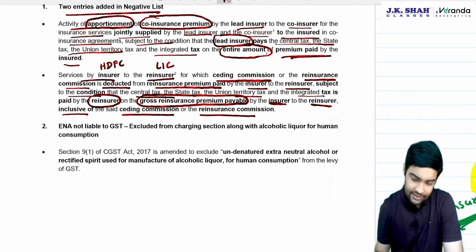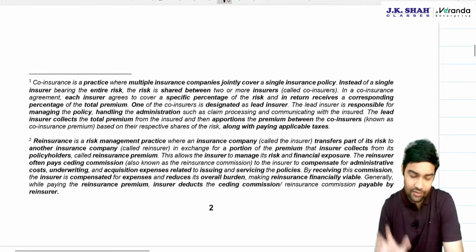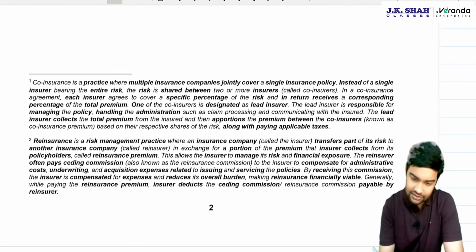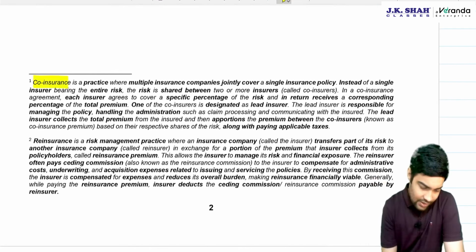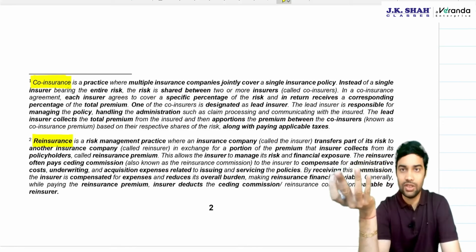Now go ahead, have a look at what is co-insurance and what is reinsurance. This will not be required for you to remember in detail, but this is what I have told you.